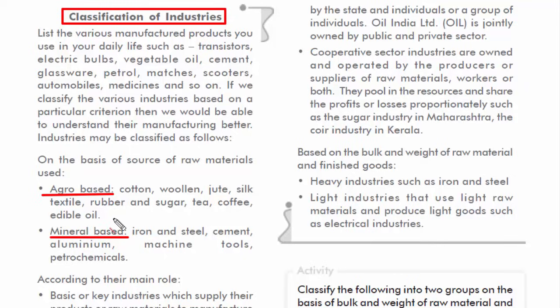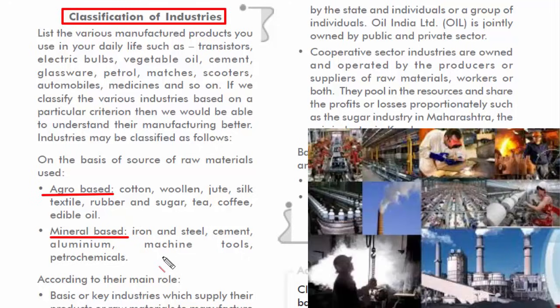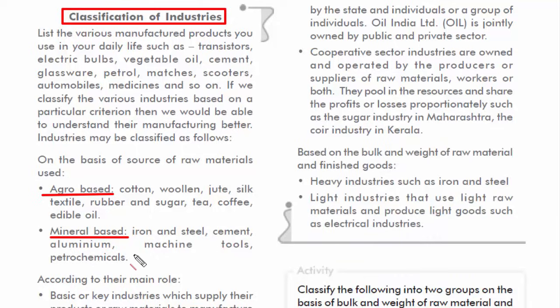All of these things are extracted from agricultural produce, so they have been defined under agro-based industries. The second one is mineral-based industry. In this we are talking about minerals, iron, steel, cement, aluminium, machines, tools, petrochemicals. So they have been tagged under mineral-based industries.